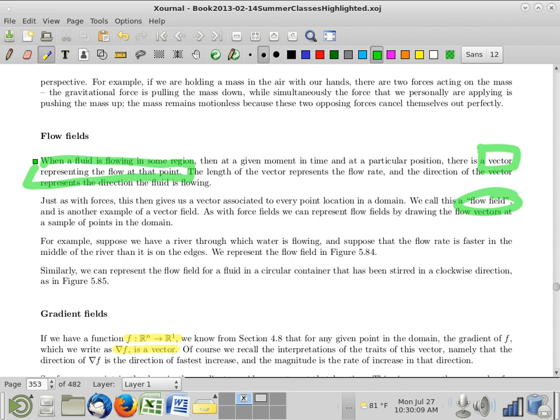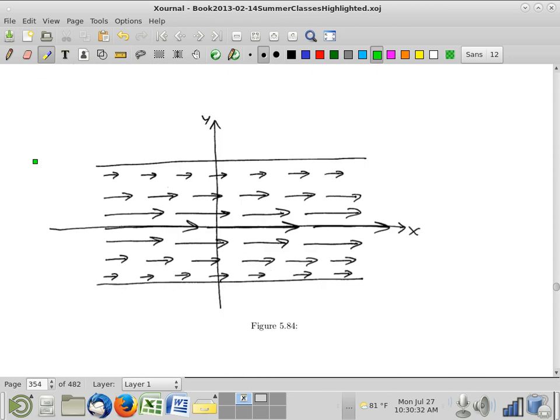So at any particular point, let's say here, you look at that point, let's say the wind is going that way. Then at that point there is a vector that represents the velocity of the airflow at that particular point. So for every point, there's a corresponding vector. Again, vector field.